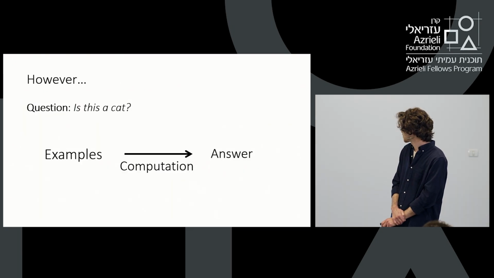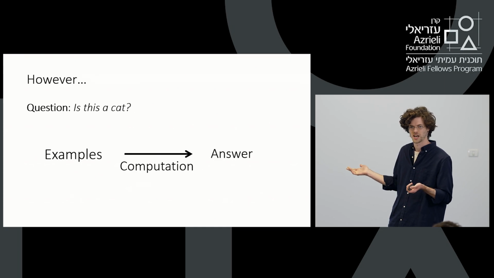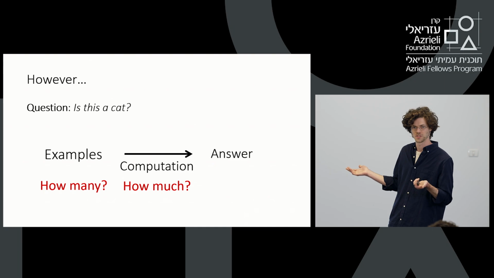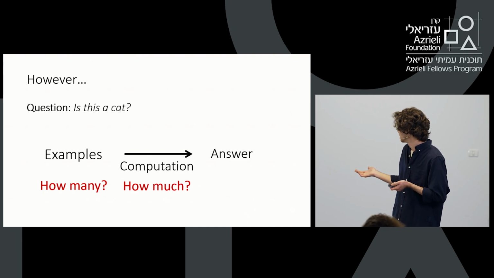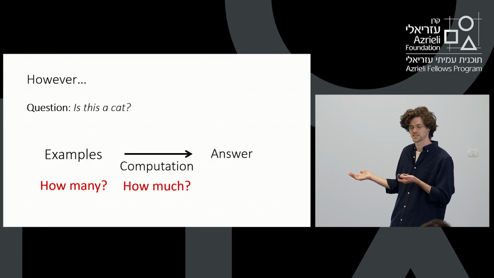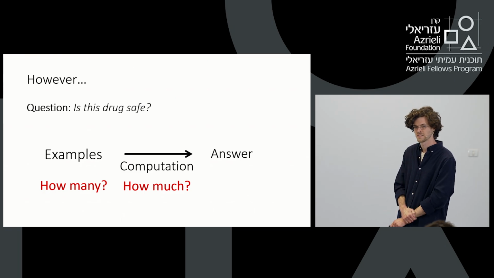But from a scientific perspective, there are two natural questions this paradigm raises. How many examples do we need, and how much computation do we need? It's clear that these questions become especially important once you start considering maybe less silly questions, like, is this tumor benign? Or is a drug safe?